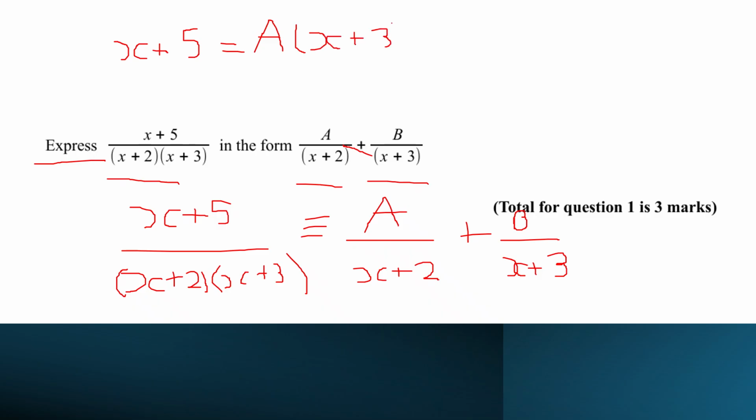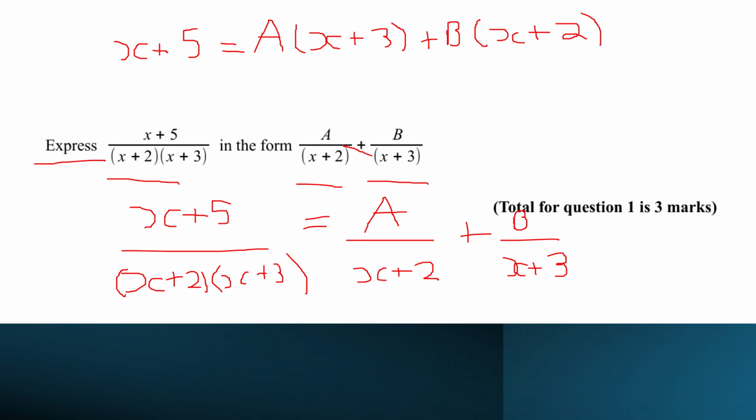Think of it as cross multiplication, when you're combining your fraction terms. Technically you can't really do that with an identity, but think of it like an equation rather than an identity, just to avoid confusion. So multiply both sides of my equation by (x + 2)(x + 3). That will get rid of your fractions, and then you're left with just this component here.